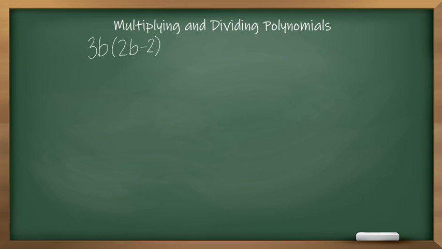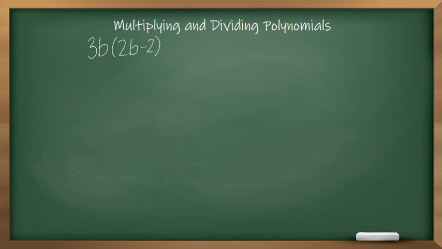For our next example, we're multiplying a monomial by a binomial. So we have 3b times 2b minus 2. So for this, we're going to use an area model. So in class, we would use the little plastic square things. Here, again, I'm going to use those algebra tiles.